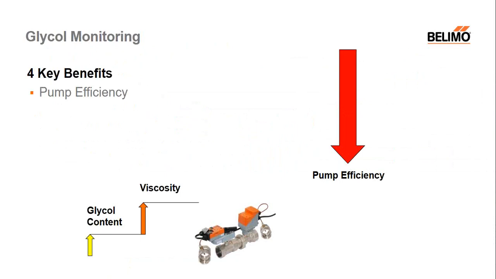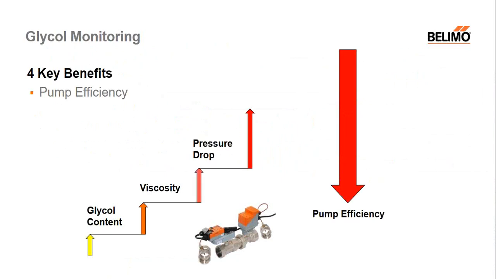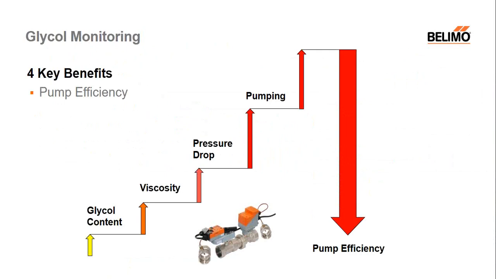We're increasing that viscosity, we're increasing the pressure drop. It takes more pump head to pump that thicker media around the building, having a negative effect on the pumping efficiency. And then once again, creating additional pumping requirements to pump around that thicker media throughout the building, once again having a negative effect on the overall efficiency of the pumping throughout the system.